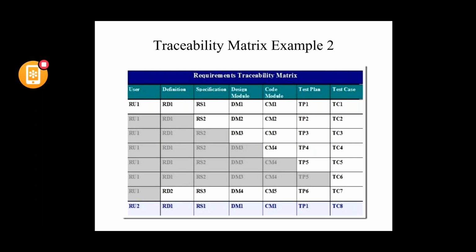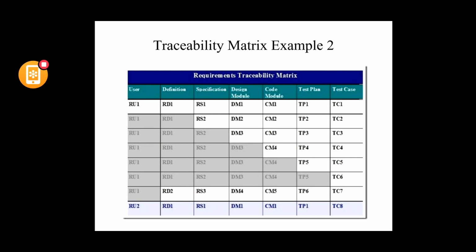The first line talks about the user needs. RU1 and RU2 are the user needs, for example. The second one, the definition, says that we are aligning with the business requirements, which have RD1 and RD2.